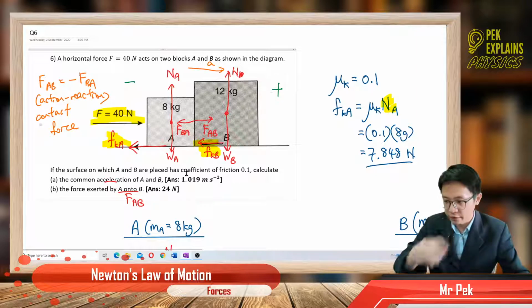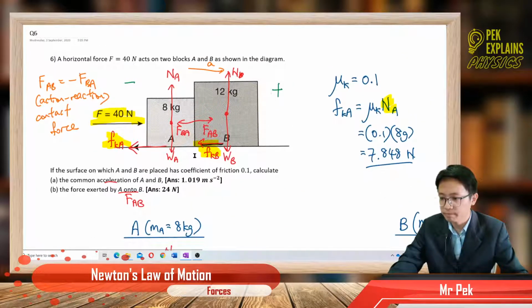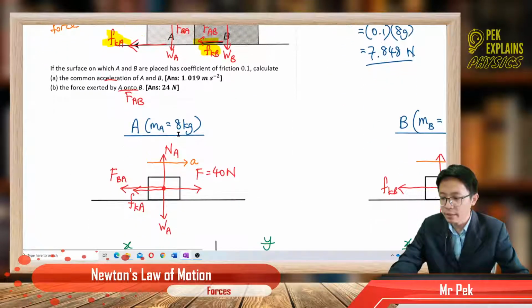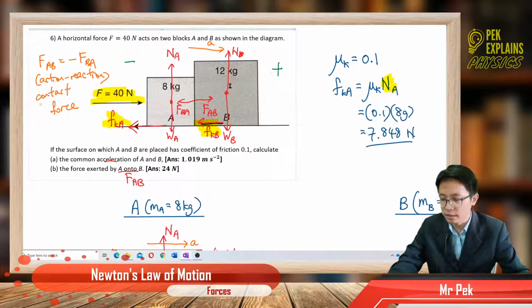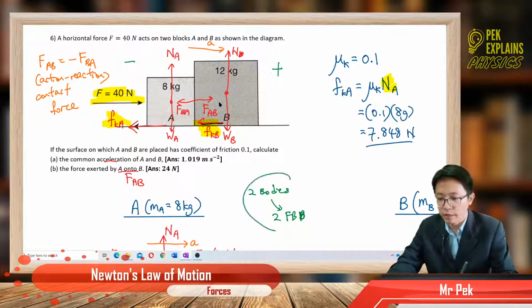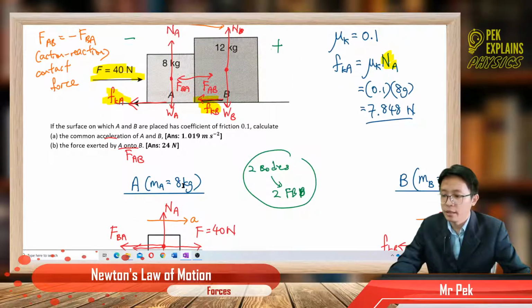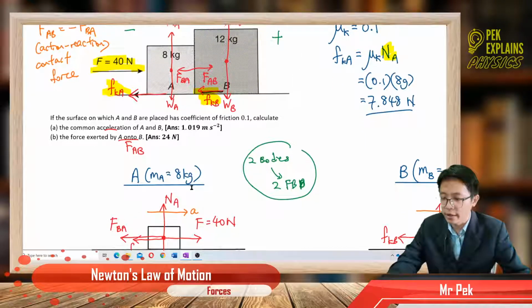All right, FAB. To find the contact force, let's separate them, because this has two objects. Remember, if you have two bodies, you must have two free body diagrams. So let's concentrate on block A, the mass A, which is 8 kilogram.